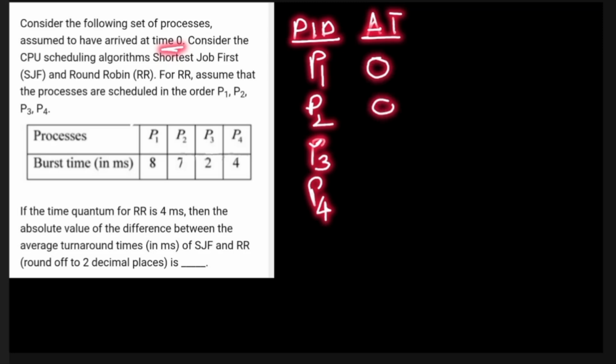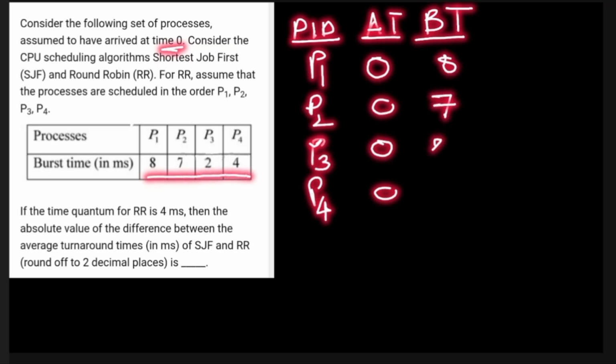So 0, 0, 0, 0. Then note down the burst times. Burst times are given as 8, 7, 2, 4.